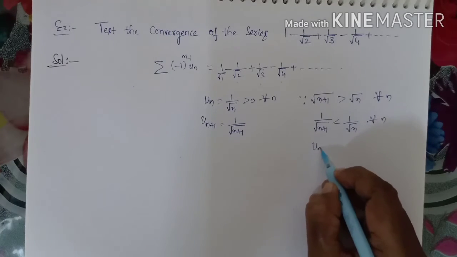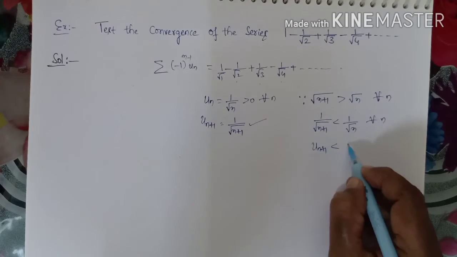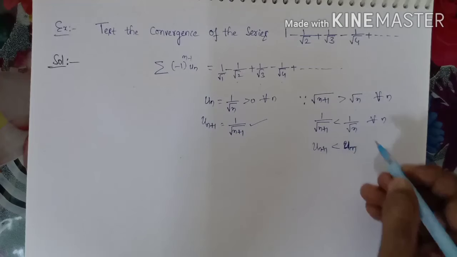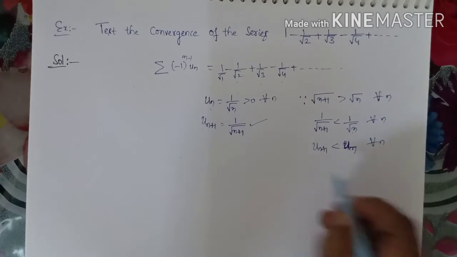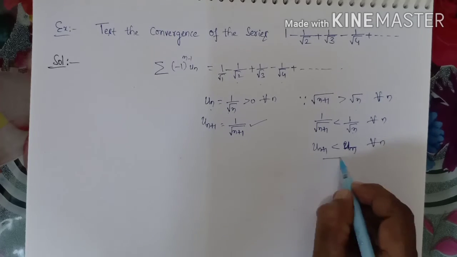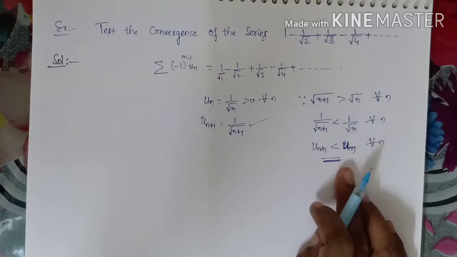Therefore, un plus 1 is less than un for all n. Each term is numerically less than its preceding term, that is, it is monotonically decreasing. One condition of Leibniz test is satisfied.